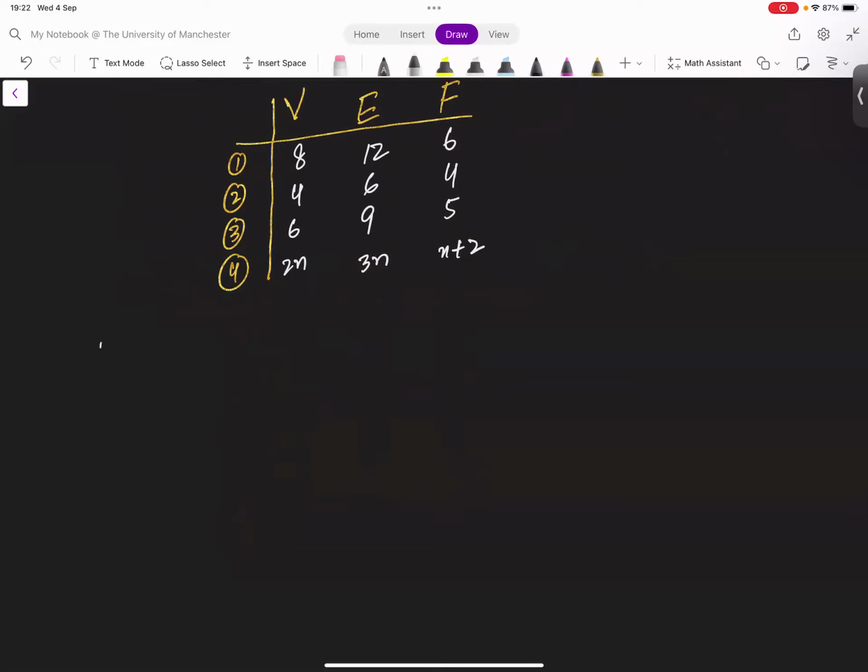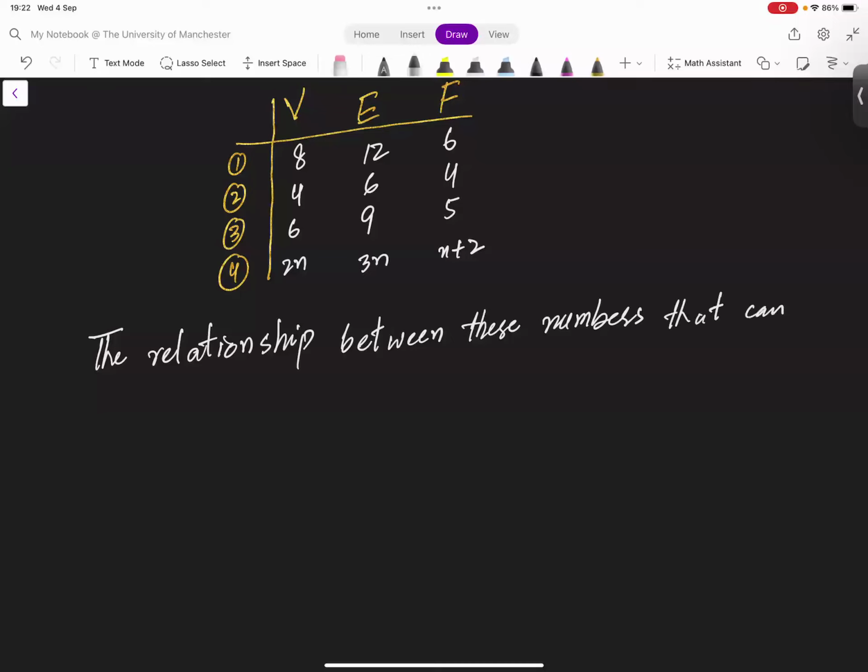The relationship is that vertices minus edges plus faces is always 2.